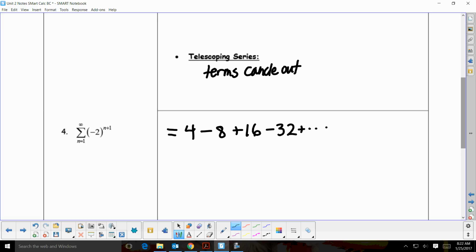Plus. Okay, so you're seeing that you're going kind of to this positive infinity part, and you're also going to this negative infinity part, right? But are the terms canceling? Are you seeing anything like that? Okay, you are not. And it's growing bigger and bigger. Like you're adding more and more and subtracting more and more, right? So what can you say with this guy? It diverges.